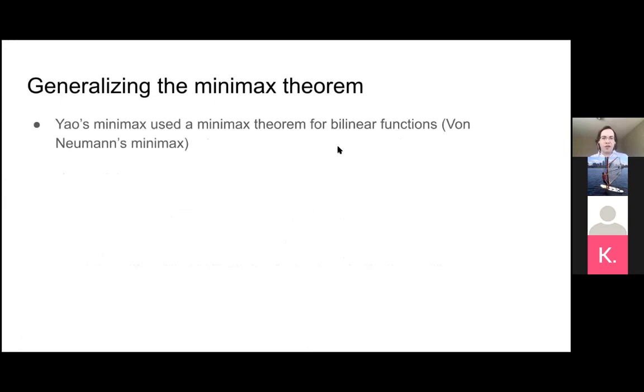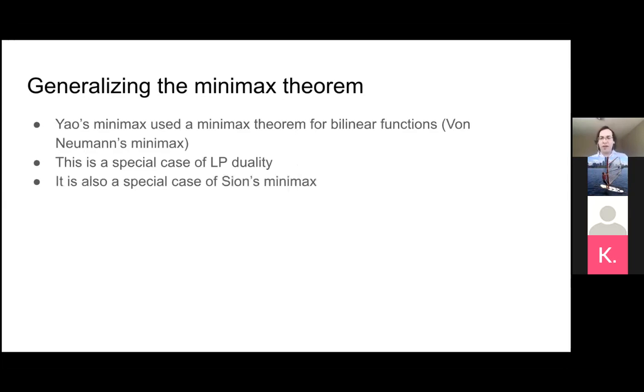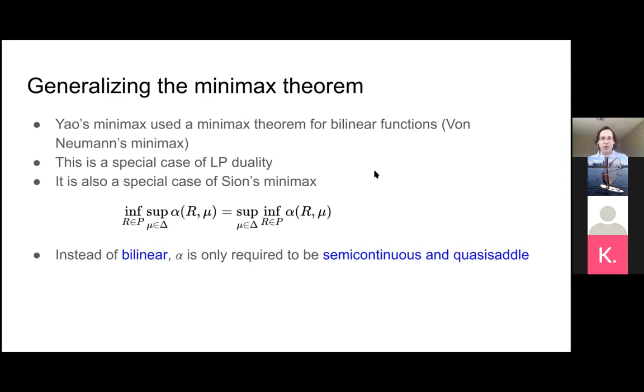So to generalize, you can note that what Yao's minimax theorem uses is something called von Neumann's minimax. It's also a special case of LP duality, but it's also a special case separately of something called Sion's minimax. And Sion's minimax gives you this inf sup theorem for a function alpha. Of course, there are requirements on alpha, but instead of being bilinear, it's only required to be what's called semi-continuous and quasi-saddle.